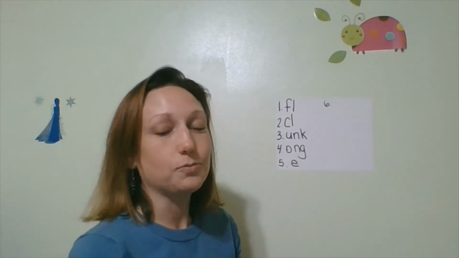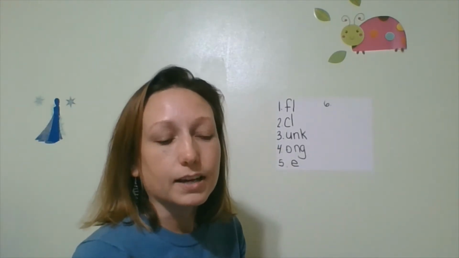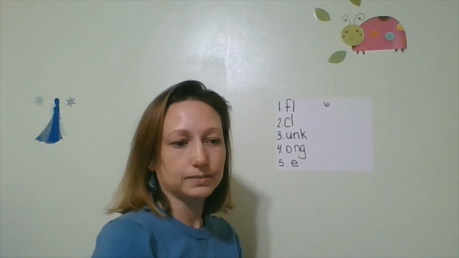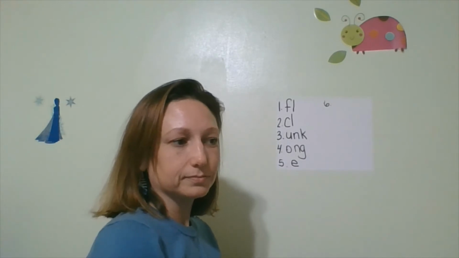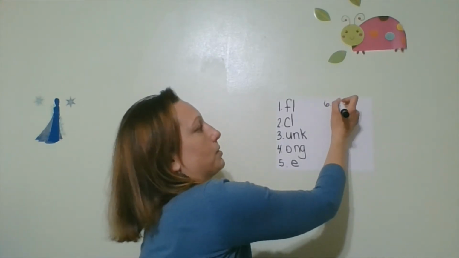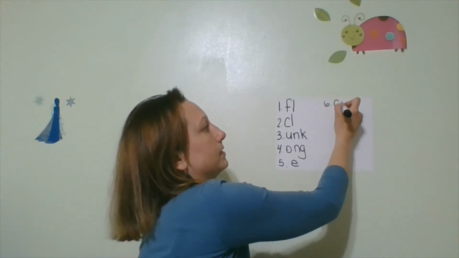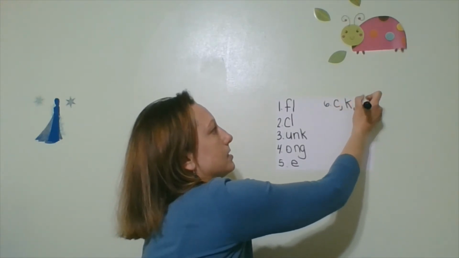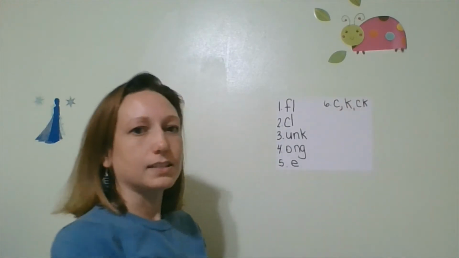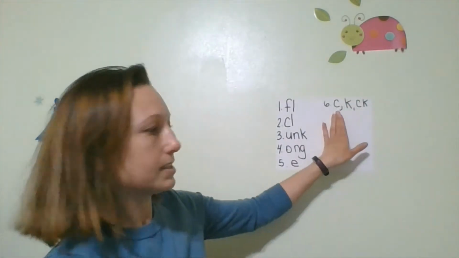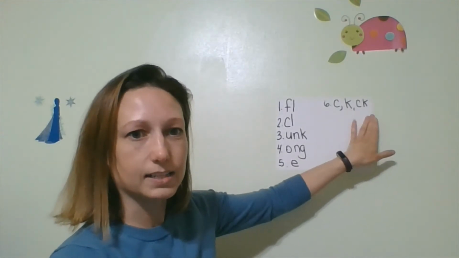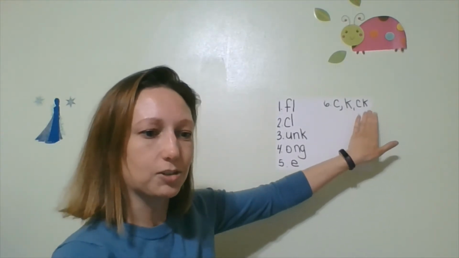Number 6, 3 ways to write the sound k. And what are our 3 ways to write k? C, K, or CK. We know the C says k, K says k, and CK says k right after a short vowel.